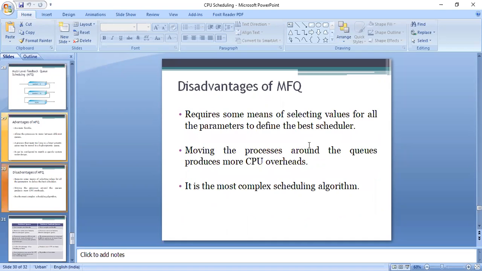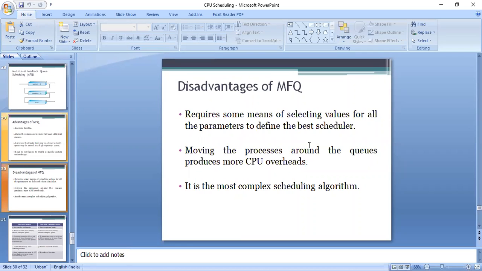In spite of all these advantages, we have disadvantages as well. It requires some means of selecting values for all the parameters to define the best scheduler. So although we have different levels of queues, it is a challenge to decide which algorithm would be most suitable at every queue.